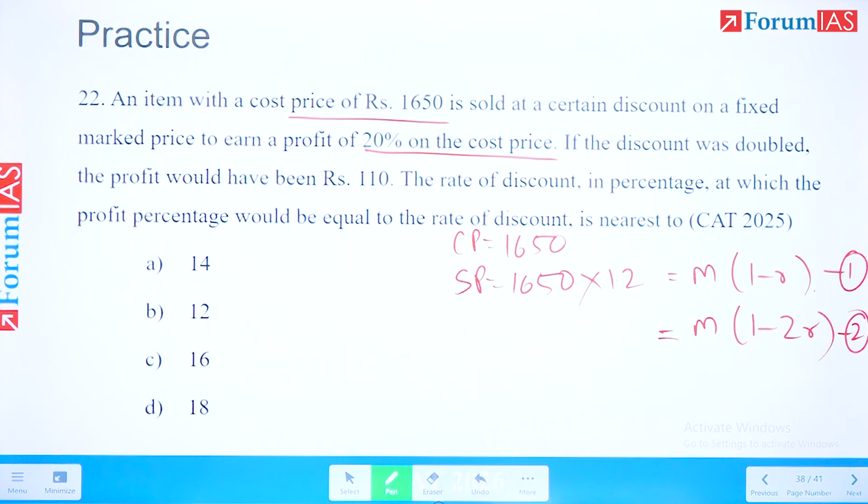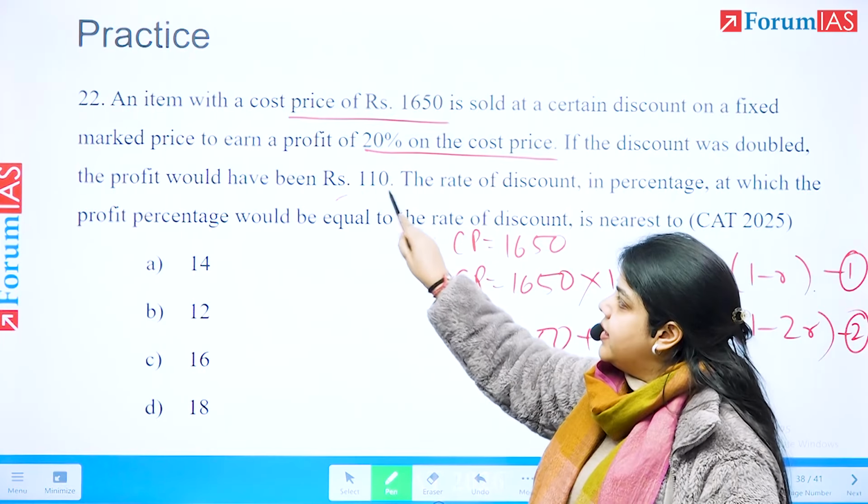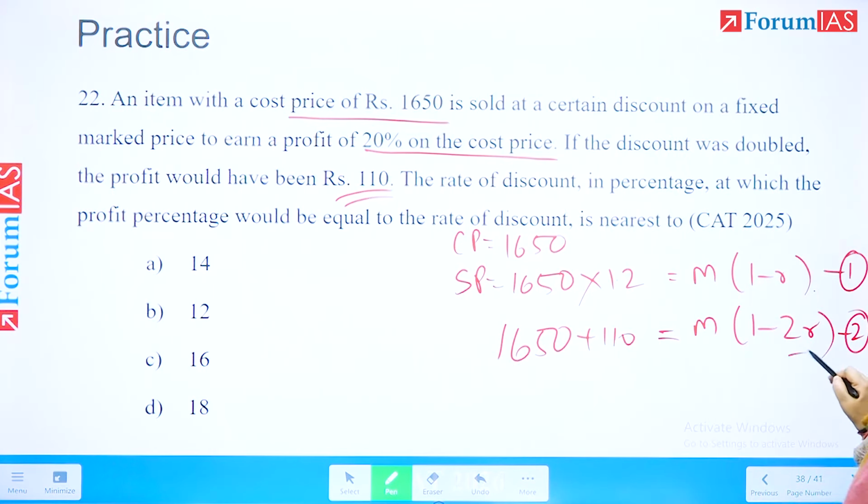You just have to find R. Divide the two equations, you'll get R. I've not written the second equation complete. एक में 1650 into 1.2 होगा, एक में it will be 1650 plus 110 because there's a profit of 110 when the rate is being doubled. Divide both equations, find the value of R.